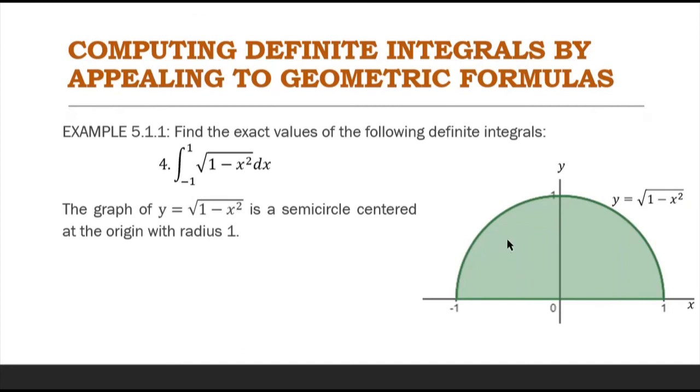So pag kinuha natin yung kanyang area bounded under the semicircle, the area of the shaded region is 1/2 pi times radius squared. 1/2 dahil nga semicircle eh. Siyempre pag buo yan, pi r squared. Dahil nga semicircle, so 1/2 lang.